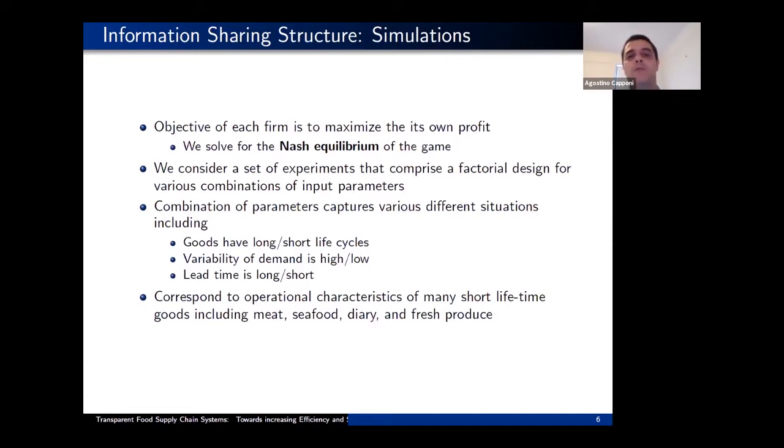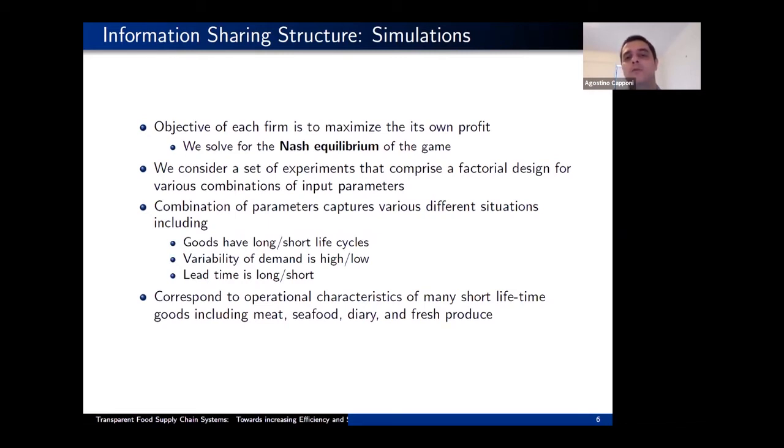And basically, we looked at goods that have long or short life cycles. So this parameter H, which captures the expiry date, can be large or low. How variable is the demand? Is it high or is it low? And how about lead time, like for the goods to be transferred from one side to the other, from retailer to supplier, from supplier to consumers, and so on.